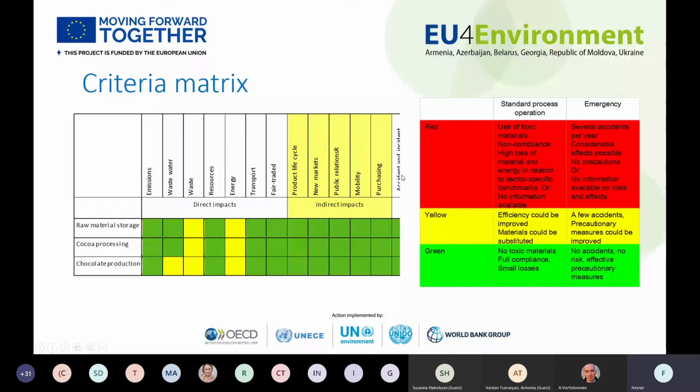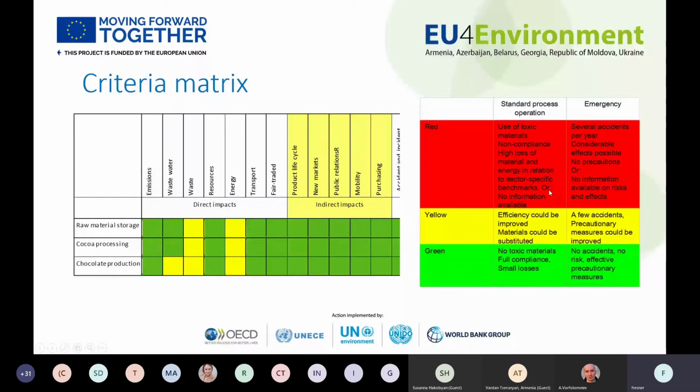On the other side, an area would turn red if in normal operation we use toxic materials, we are not complying, we have a high loss of materials in relation to sector-specific benchmarks, or if we do not have information in relation to these criteria.